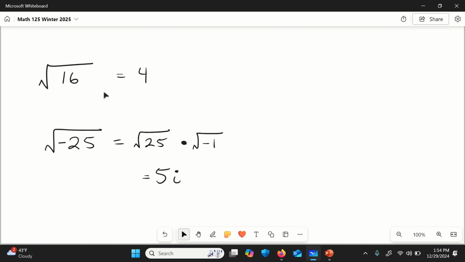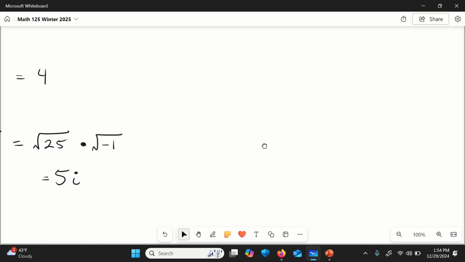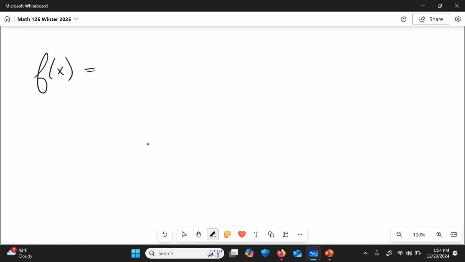Now, having this discussion about finding radicals and evaluating, in order to be able to describe how to find the domain of a radical function. So in a radical function, there is a variable x found in the function. So here's an example. f of x equals the square root of 2x minus 10.